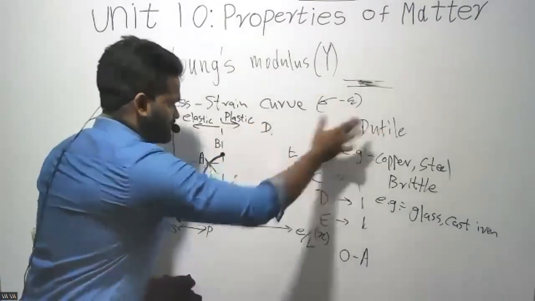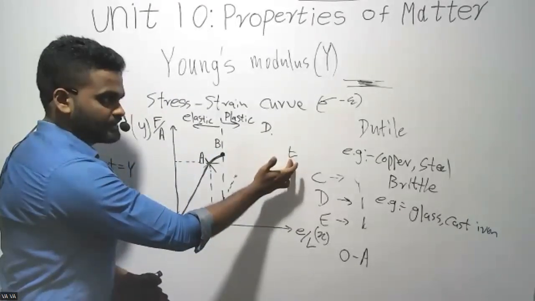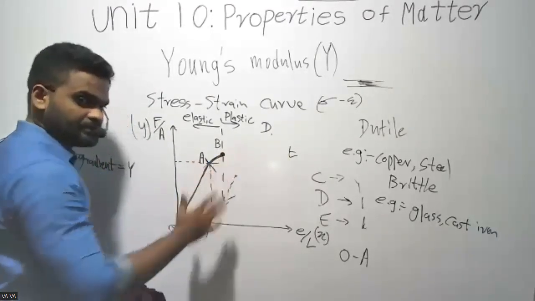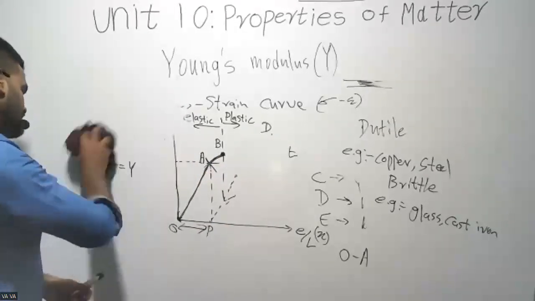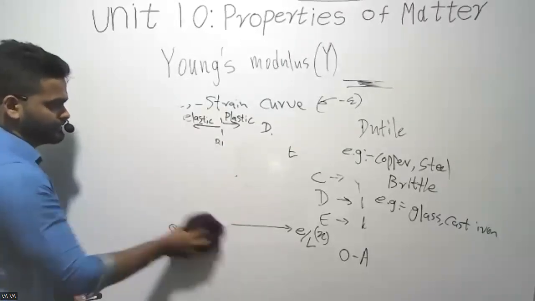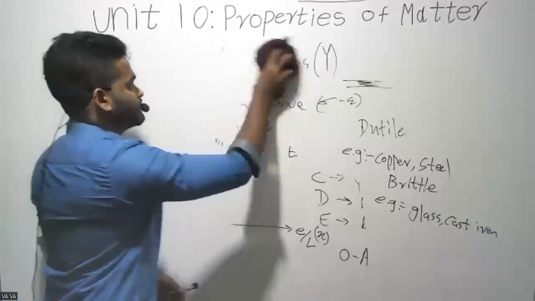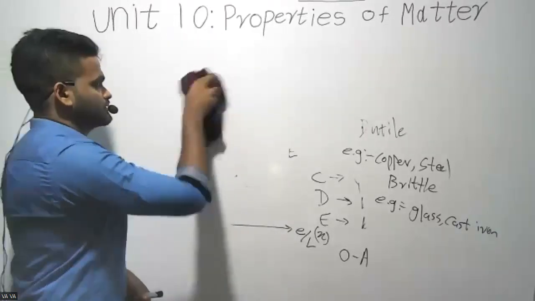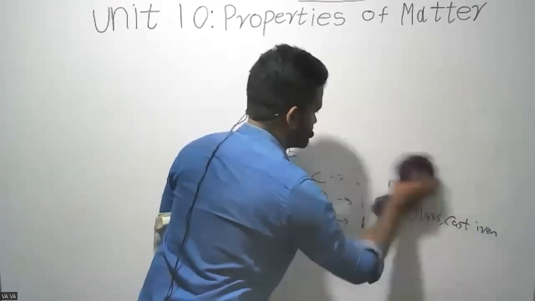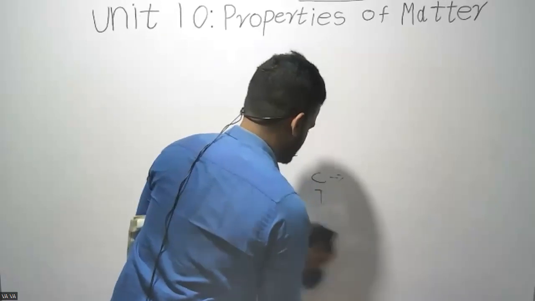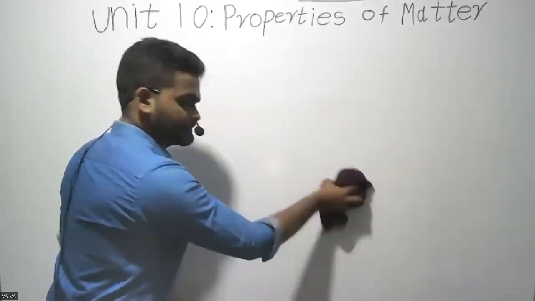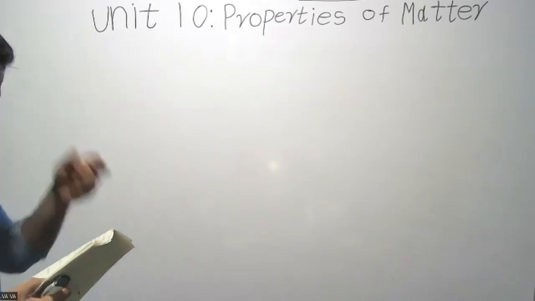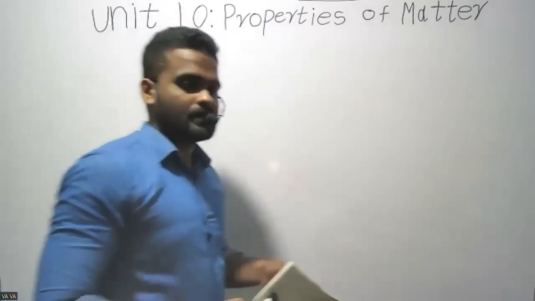Ductile materials follow the graph up to somewhere here, but brittle materials break once they pass the elastic limit. Okay, so those are the basics.